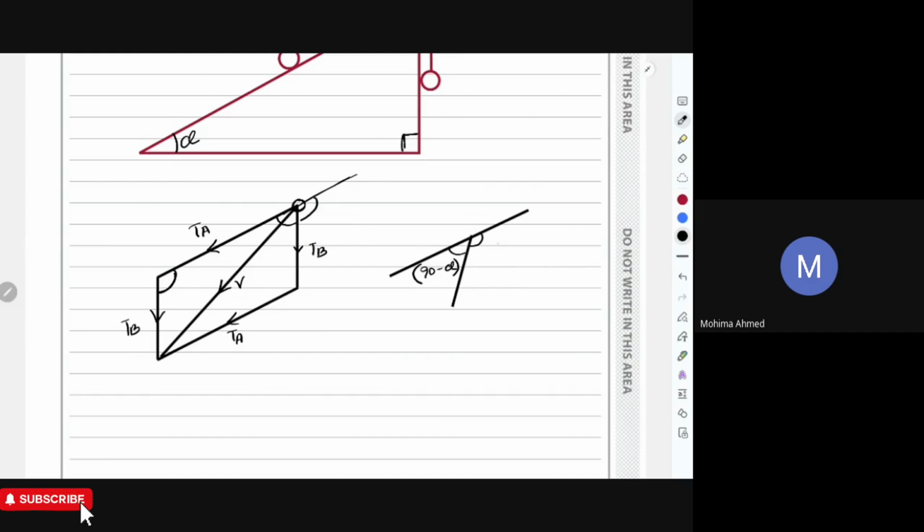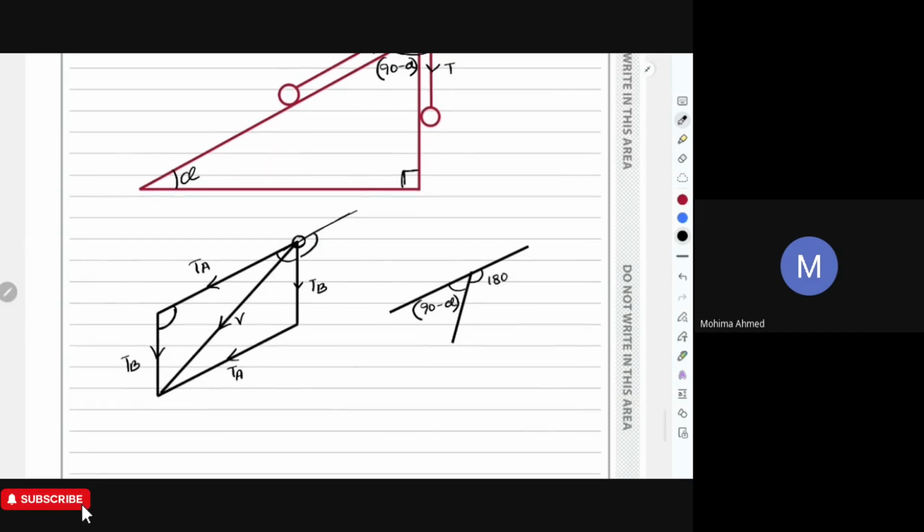Then this one is going to be the sum of a straight line, 180, minus 90 minus alpha, right? Wait, am I making a mistake? No, 180 minus 90 minus alpha is 90 plus alpha. This one now becomes 90 plus alpha over here. Is this clear how we have calculated the outside angle?